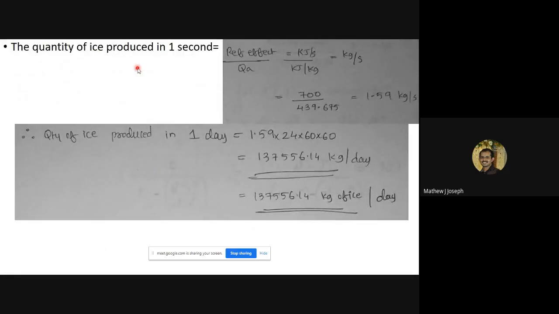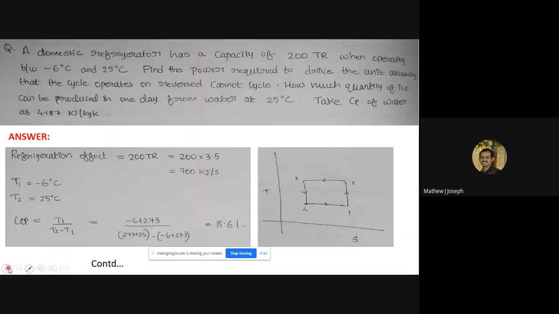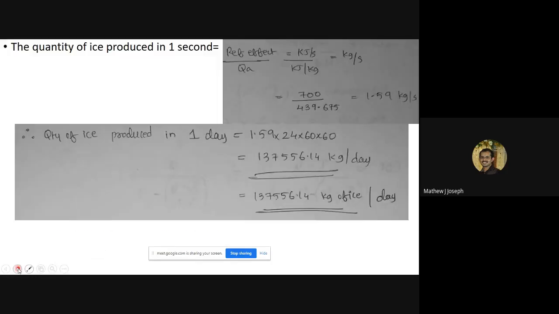Now our question is, how much quantity of ice is produced in one day from this water at 25 degrees Celsius? We need to find out the quantity of ice produced in one day.